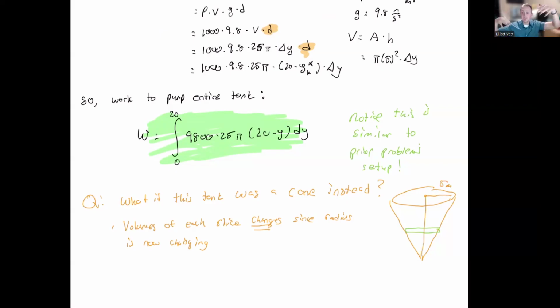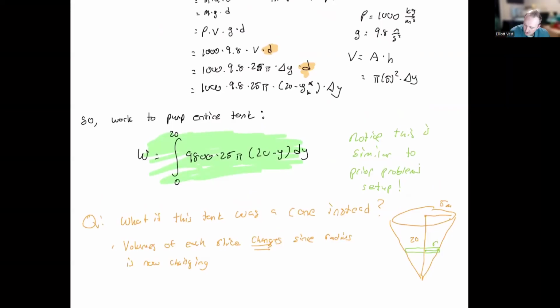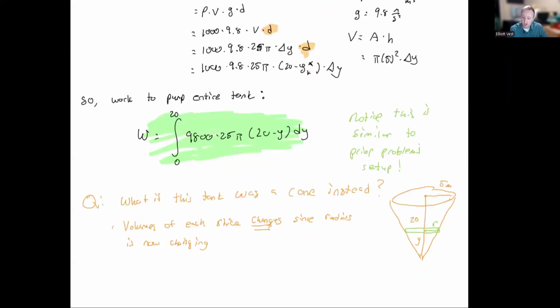So again, it's the same setup of the problem. We're trying to find the work it takes to remove all the water from this. At this slice right here, we have a certain radius. Let's say the entire distance is 20, and then this is some y here. Through similar triangles, and that's my hint, you can figure out what the radius is right here in terms of y.